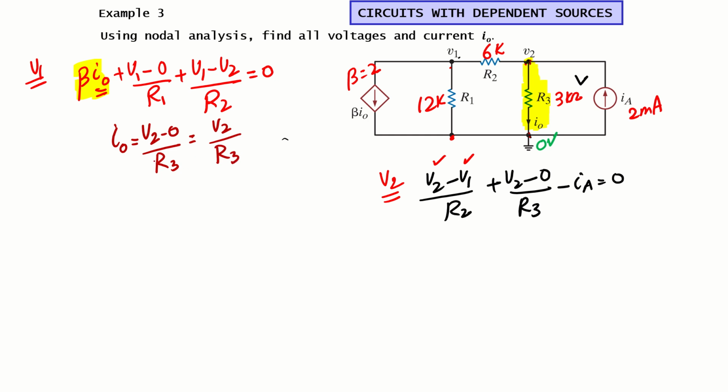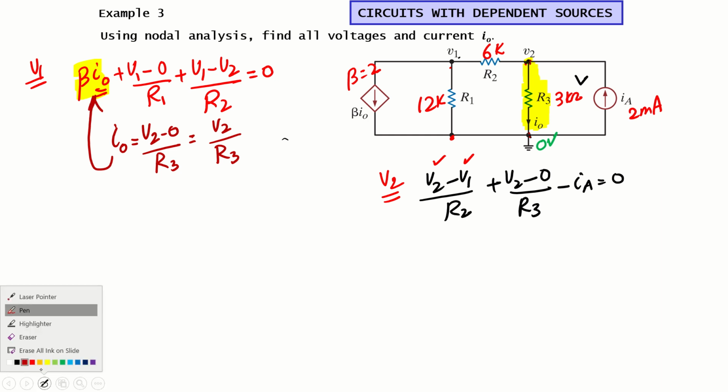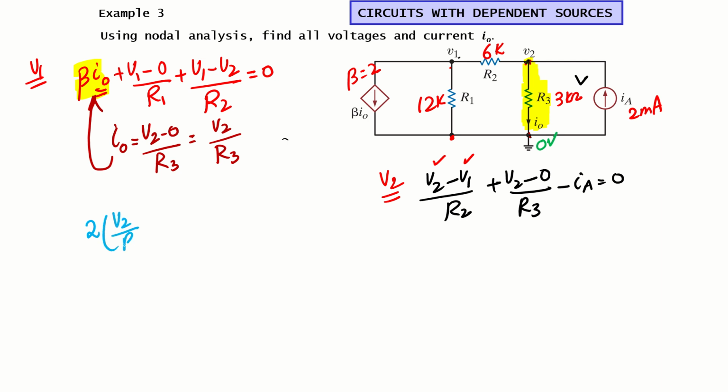After getting this control variable equation, we put that in our original equation so that we can eliminate that variable. Let's put that in, and let's put in the values of the given parameters also. Beta is 2, so 2 times I naught. I naught is V2 divided by R3, plus V1 minus 0.